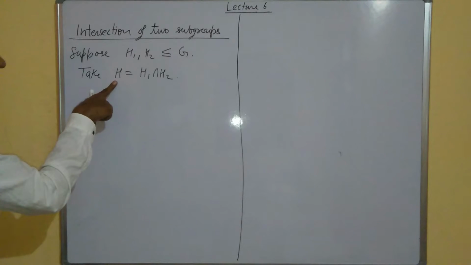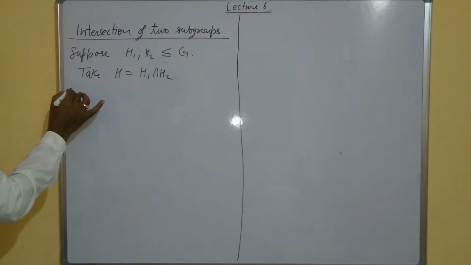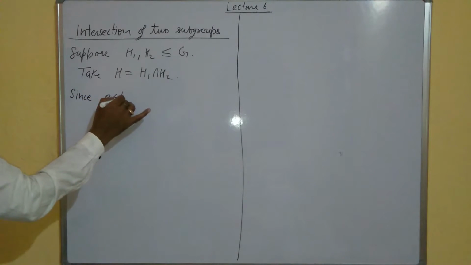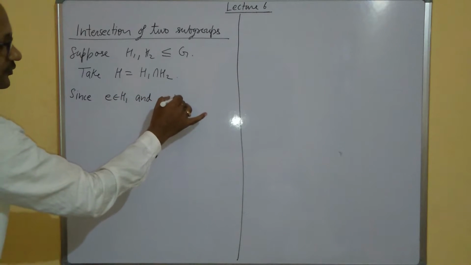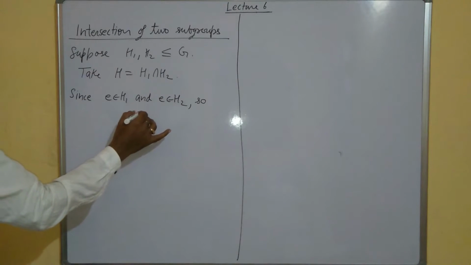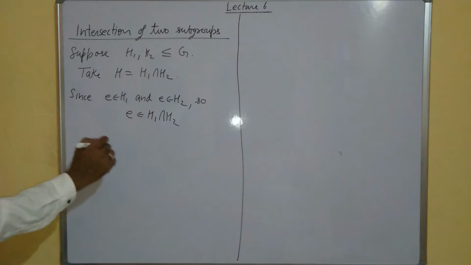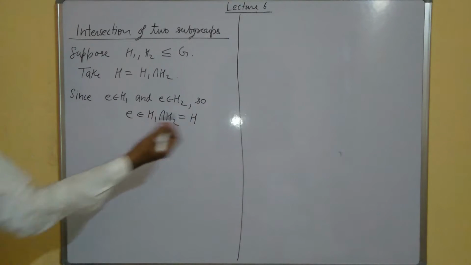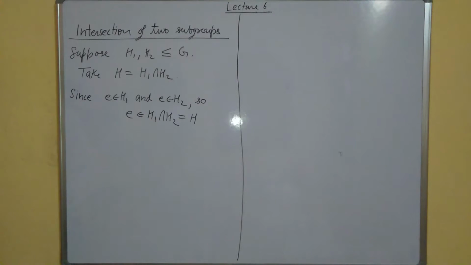We will show that this H is a subgroup of the group G. Since H1 is a subgroup, e belongs to H1 and also e belongs to H2. So e belongs to H1 intersection H2, that is H. This proves that H is non-empty and the identity element belongs to H.